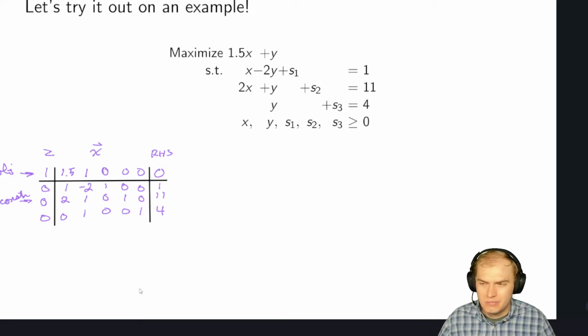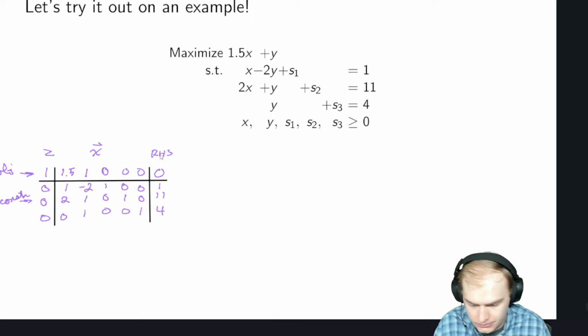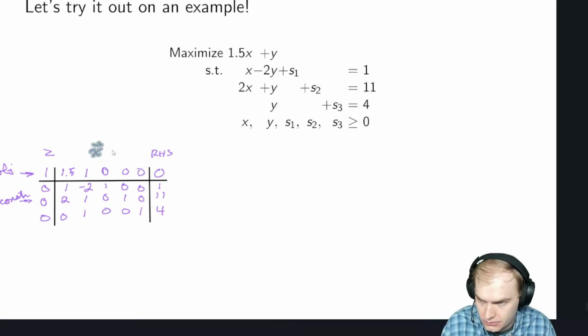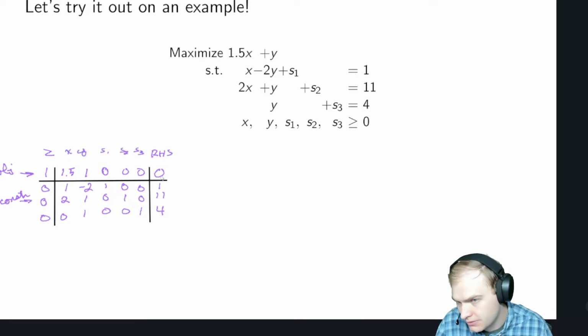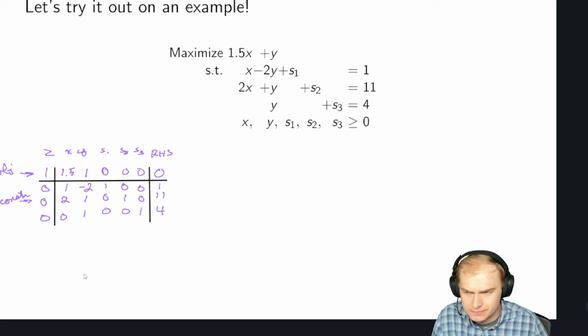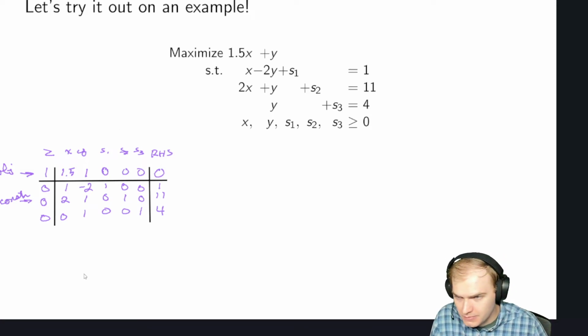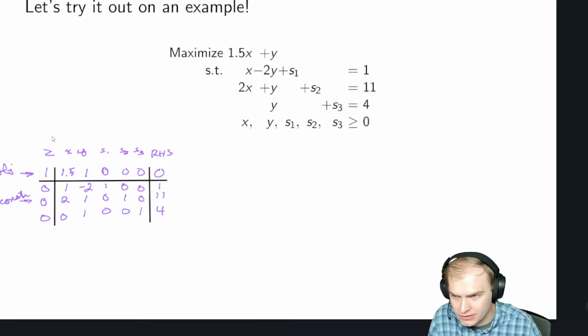But we have one big matrix, and let me write this out. So this is x, y, s1, s2, and s3, specifically those columns. You may see that we have an identity matrix embedded in here.